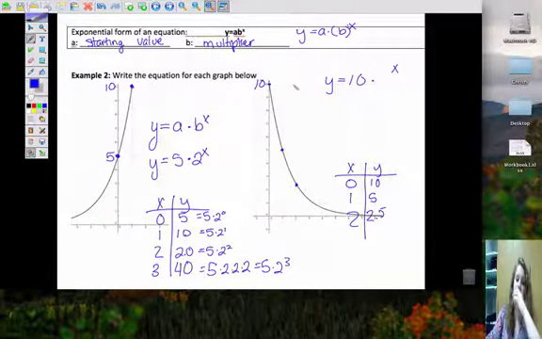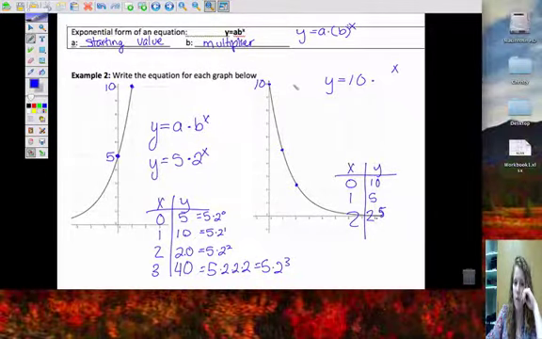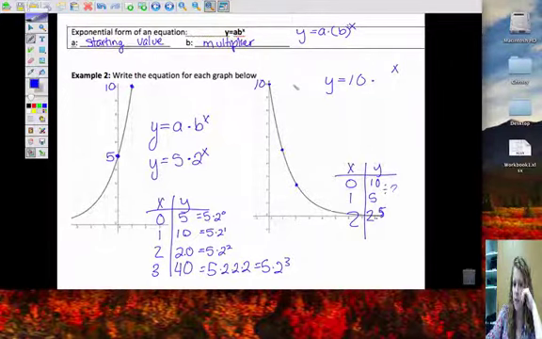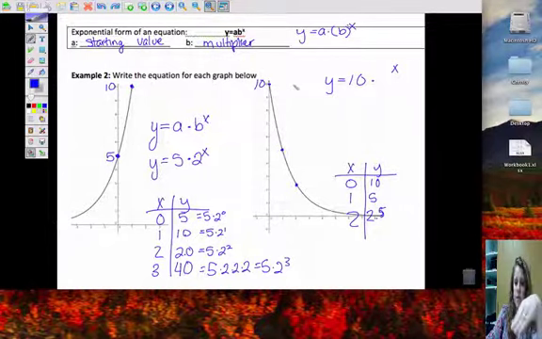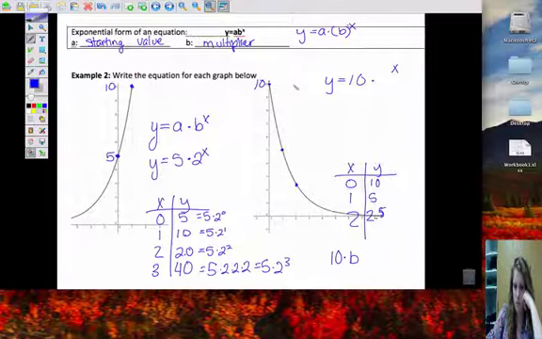And you might see here that the y's are obviously dividing by 2, right? But we don't want to think about it as what can we divide each y by. We want to think of a multiplier. So what multiplied by 10 gives us 5? What multiplied by 5 gives us 2.5? Well, we can do that in the same way we did over with the table. We can set up 10 times what, b, equals 5.